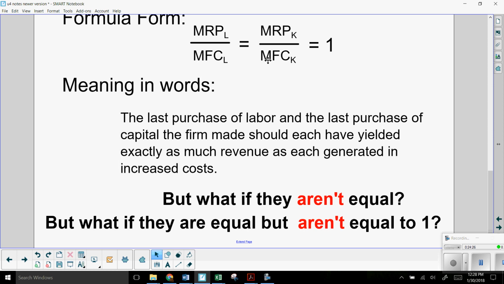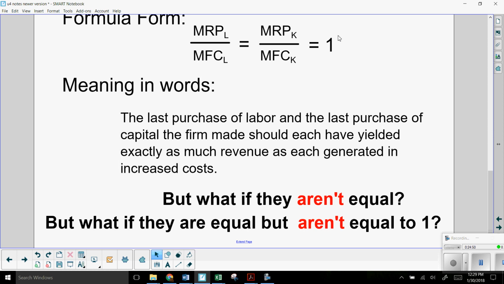In other words, they're not making as many units as they should. If these two are equal but they're greater than 1, it means you should make more units. If these two are equal and they're less than 1, it means you should make fewer units. And if they're not equal, well, then you could make that same output with a lower cost by doing a slightly different mix of labor and capital.